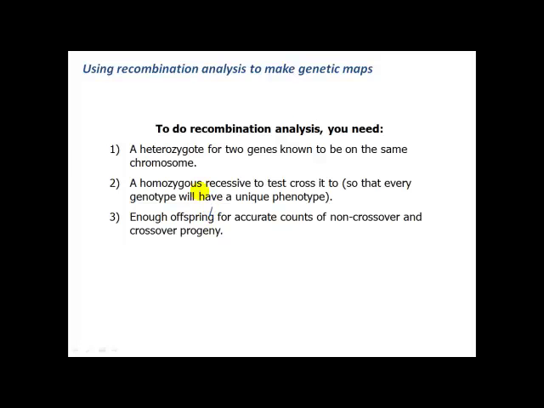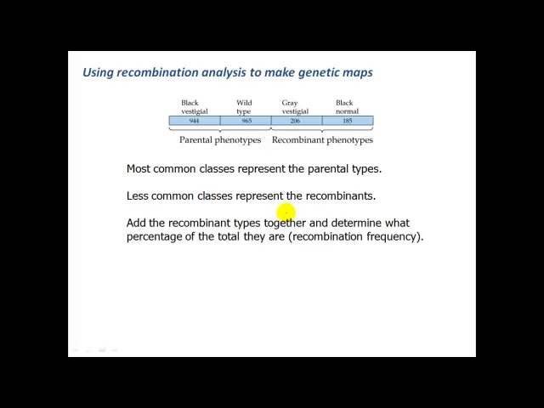Well, you need your heterozygous individual that is heterozygous for two genes on the same chromosome, or that you are hypothesizing are on the same chromosome. And you need to cross that individual, do a test cross, a test mapping cross, to a homozygous recessive, right? And then obviously we need to have enough offspring for accurate counts of recombination versus non-recombination progeny, right?